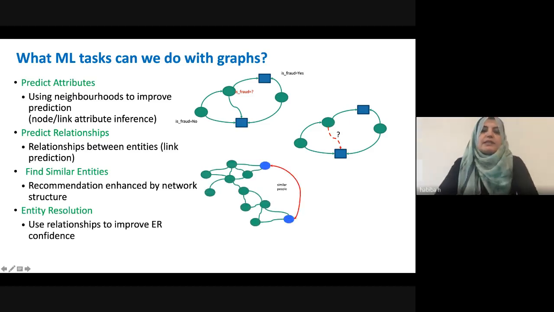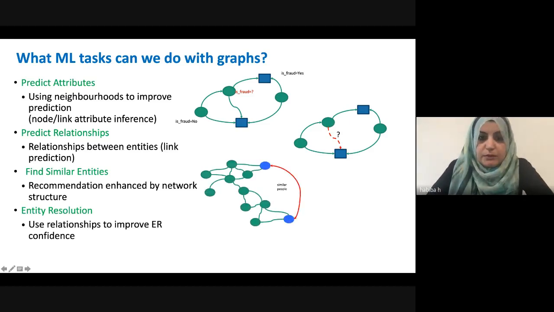Similarly, finding similar entities is a very interesting problem, and that's actually more relevant to machine learning on graphs, and better suited for applications where you have graph data. This is a problem where you want to see structural equivalences.